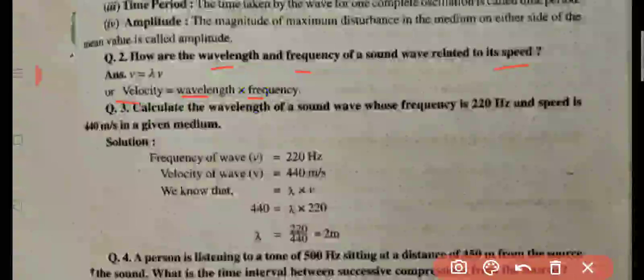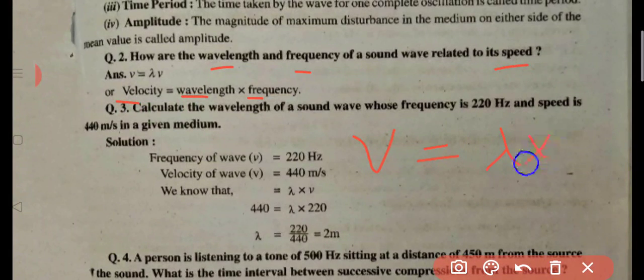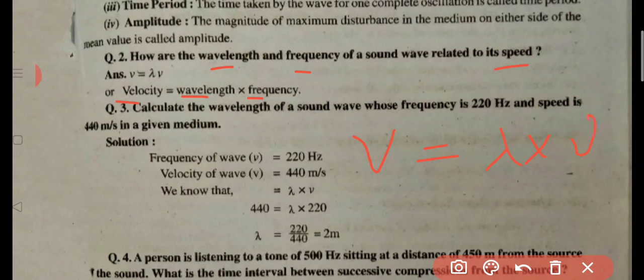Velocity V, wavelength lambda and frequency nu. This is the formula for the relationship between velocity, wavelength and frequency.